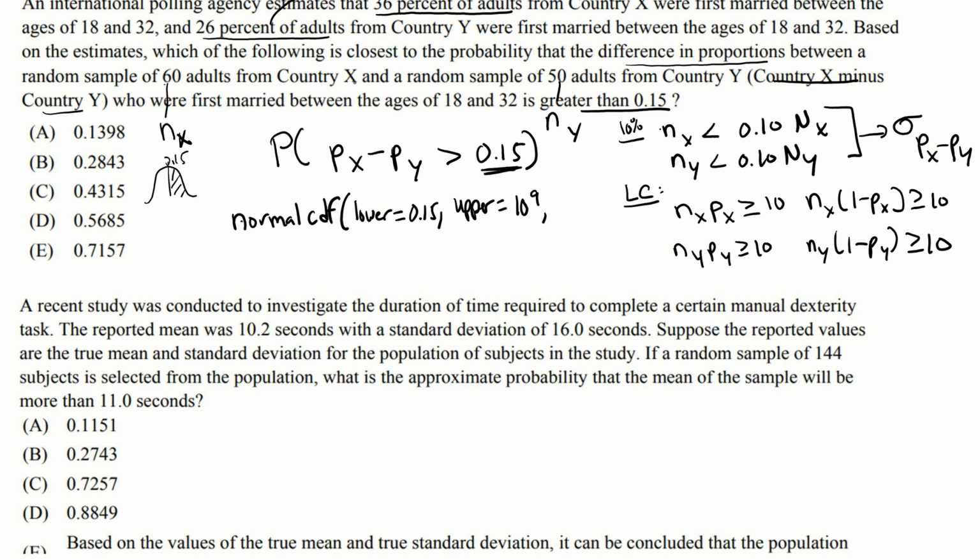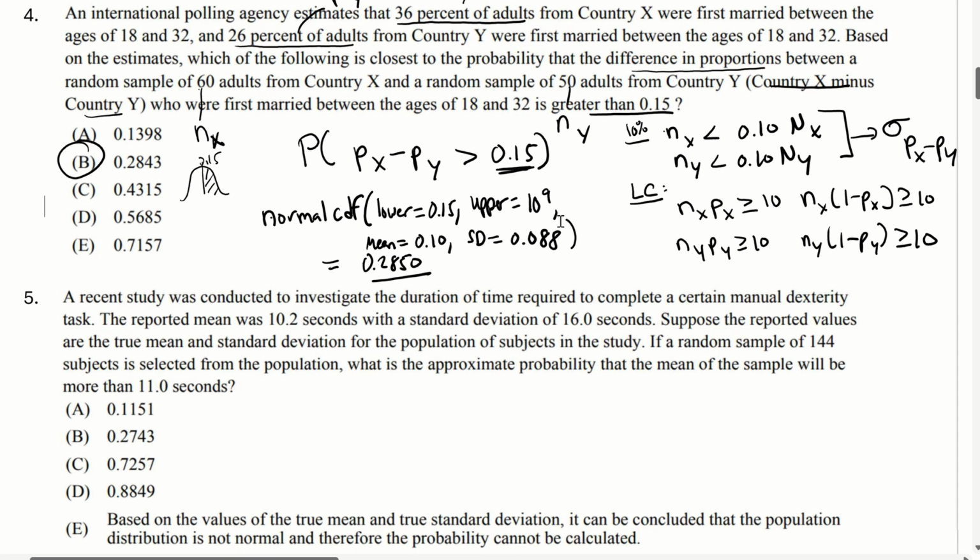And then your mean equal to 0.10, and then your standard deviation is equal to 0.088. Okay, and I do this and I get about 0.285, all right? And then the closest answer is B.